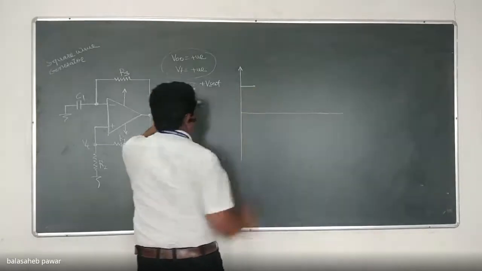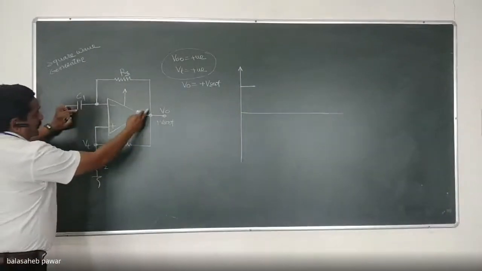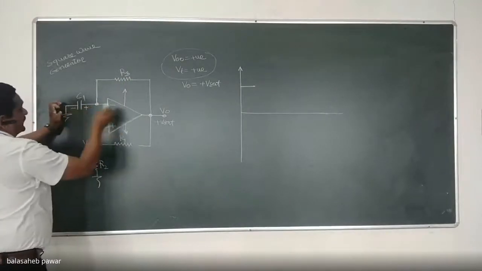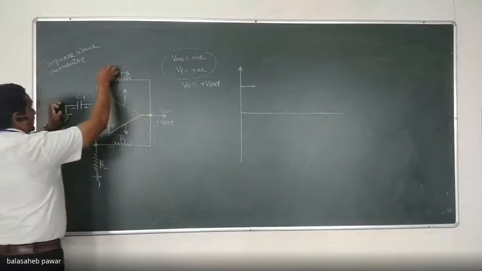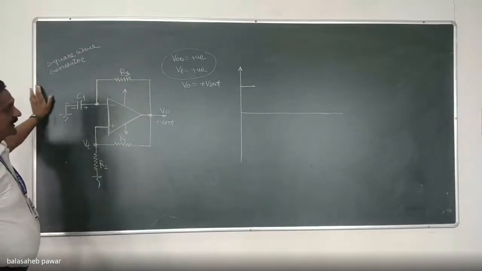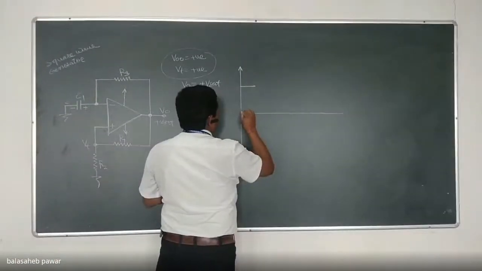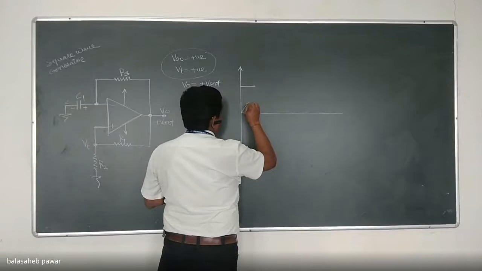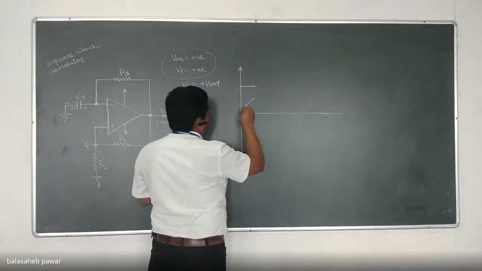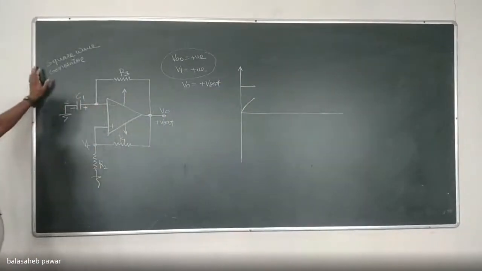It will remain plus Vsat. And the capacitor will also start to charge positively, with the polarity like this, because of the current through resistor R3 and capacitor C1. I will show that waveform also; the capacitor will start to charge like this. This is nothing but the waveform for charging of the capacitor.